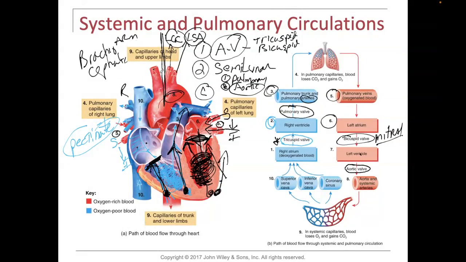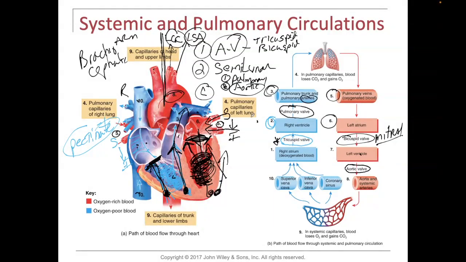So after all the oxygenated blood gets to the head, the neck, the trunk, the feet, and it's deoxygenated, it finds a way back into number 10, the superior vena cava, inferior vena cava, and from the heart itself into the coronary sinus, into the right atrium, into the right ventricle, into the pulmonary trunk, into the pulmonary arteries, into the lungs.